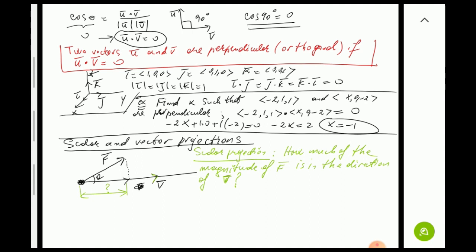Notice that the projection is going to be the adjacent side of theta.